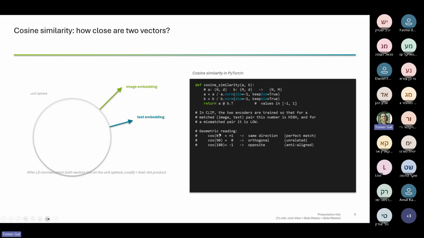And if we look here at the geometric reading, if it's 0, then we have the same direction. If it's the cosine of 90, it's orthogonal, and 180, it's the opposite. Okay, but overall, we have the two encoders that are trained in order to have this match between the pairs of an image and a text, etc.